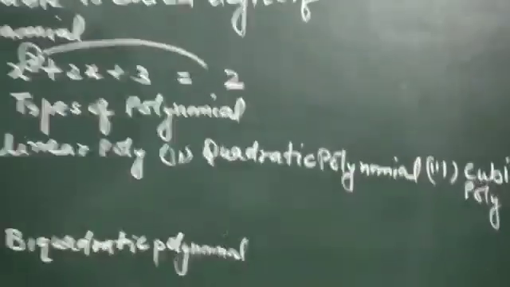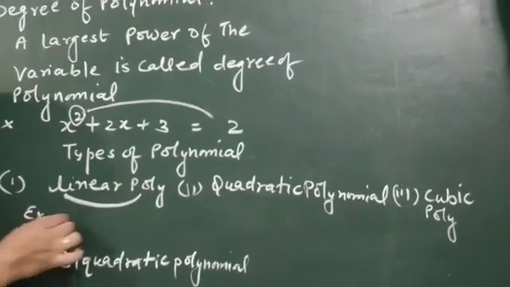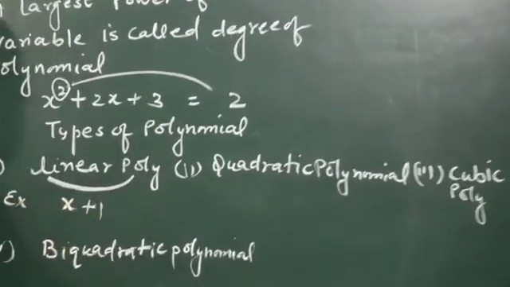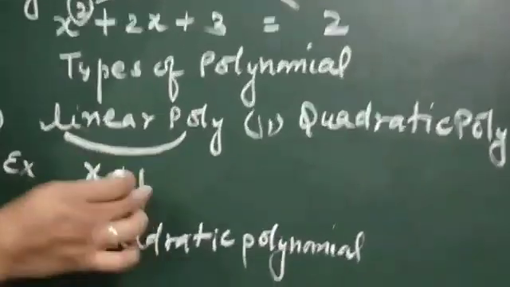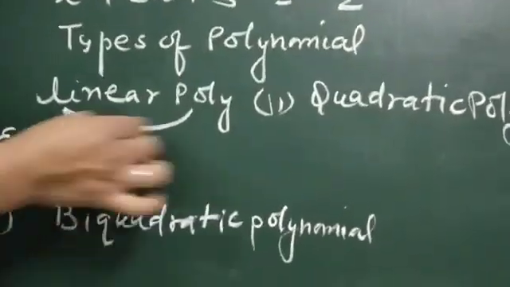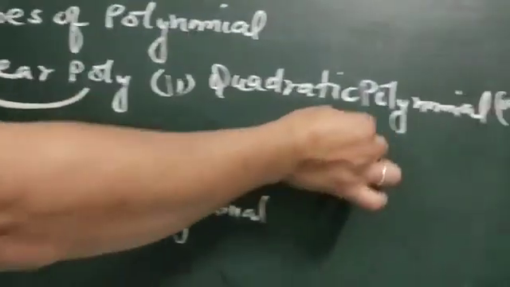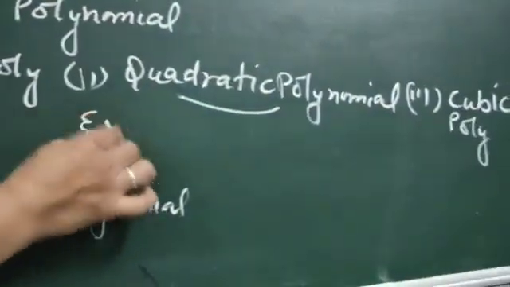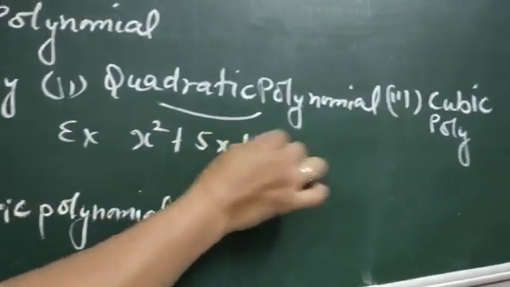First, linear polynomial: a polynomial having degree 1. Suppose we take example x plus 1. This is a polynomial and the highest power of the variable is 1. It means this is a linear polynomial. Second one is quadratic polynomial. Suppose we take x square plus 5x plus 6.